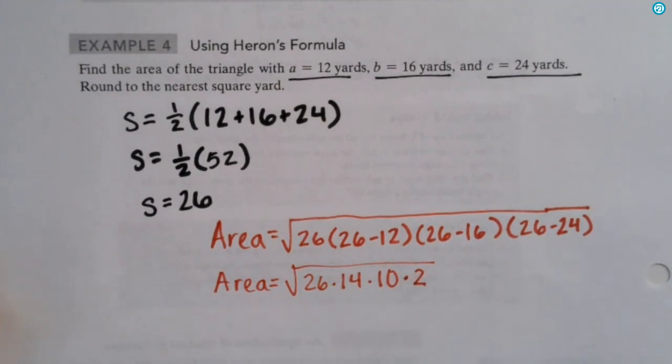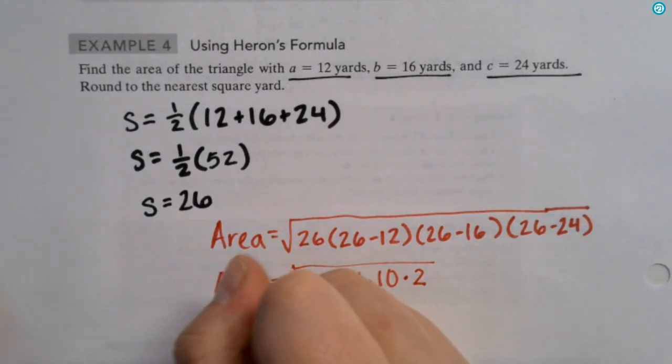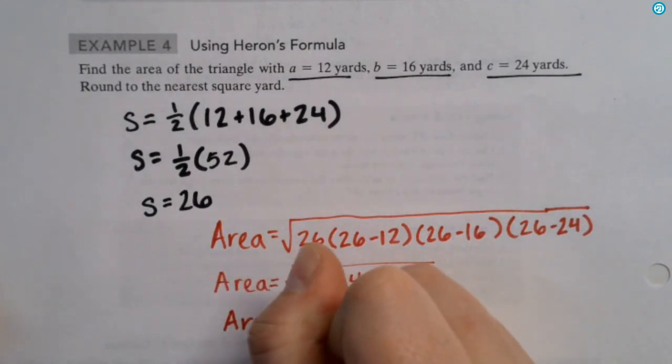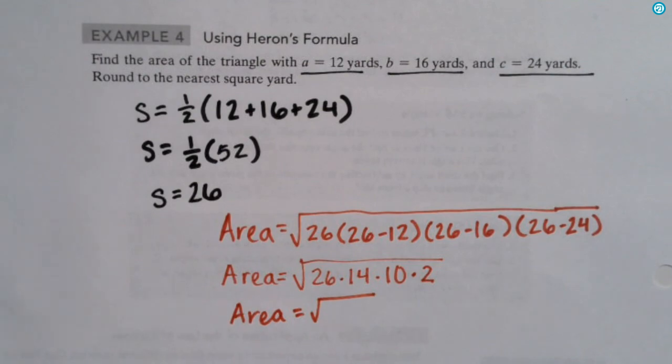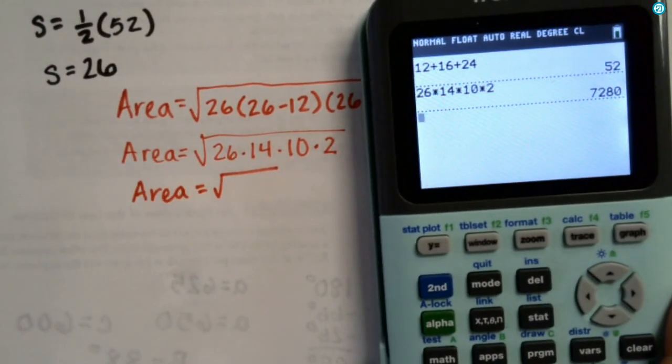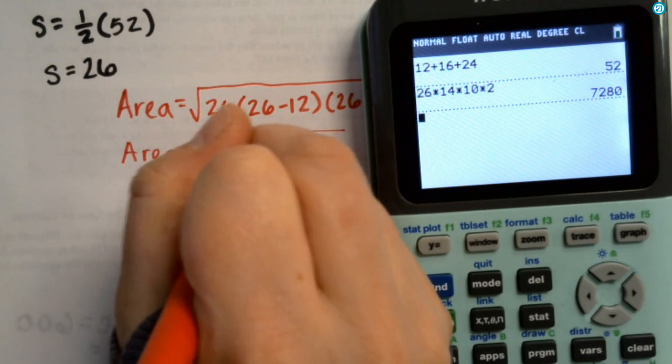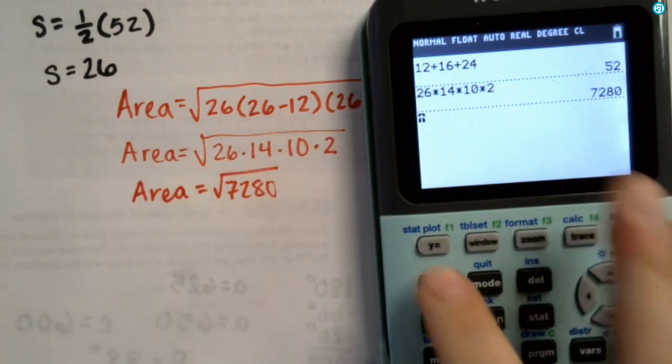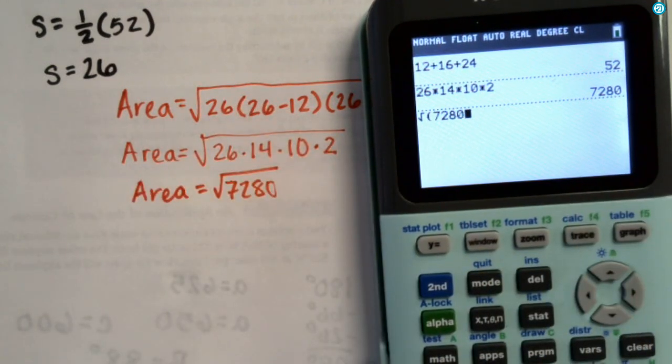I actually did that piece of mental math wrong yesterday, and I did 12 instead of 2, and got the whole thing wrong. So area equals the square root of 26 times 14 times 10 times 2, which is 7280. Then we just do the square root of 7280.